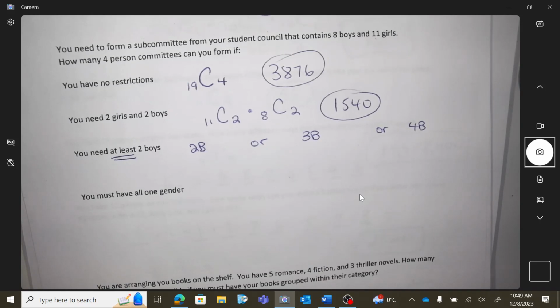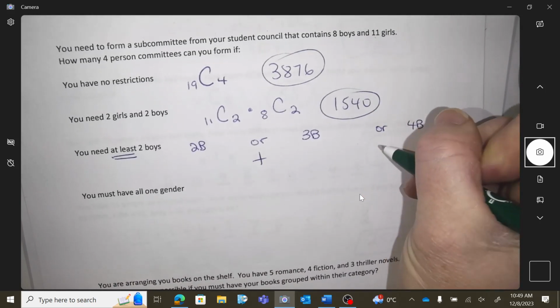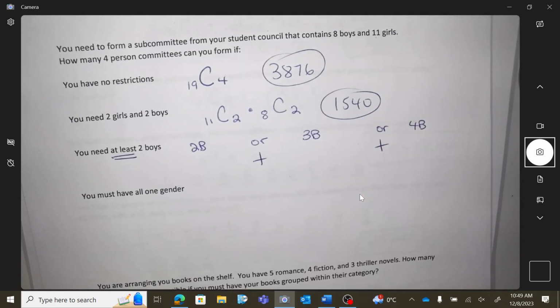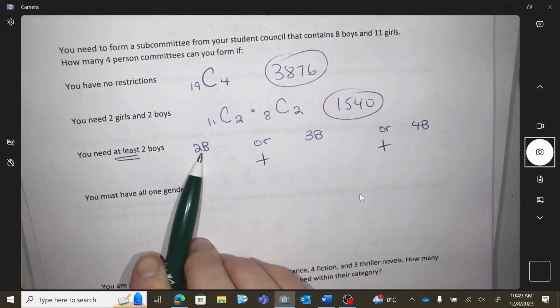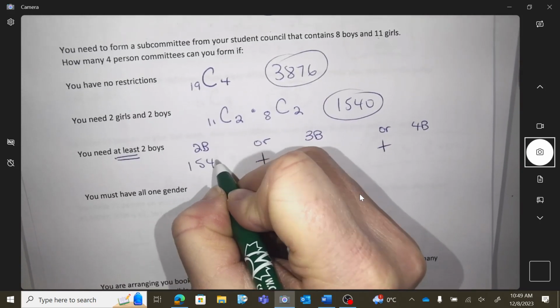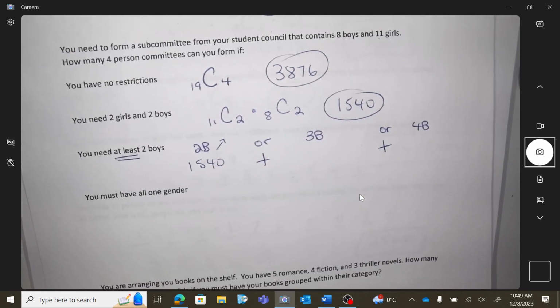Those are separate scenarios. So what am I going to do with different scenarios? I'll add the situations together. Okay, so if I was to put 2 boys on there, I'm putting 2 girls on there. We just did that one, right?